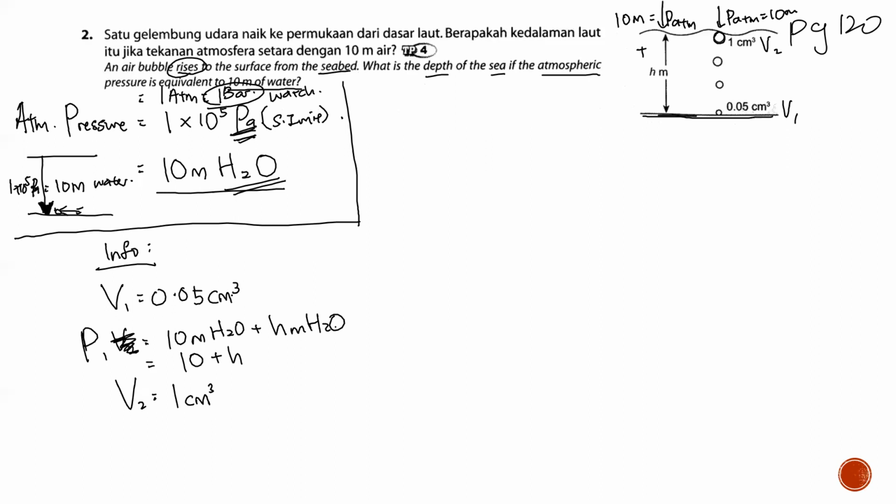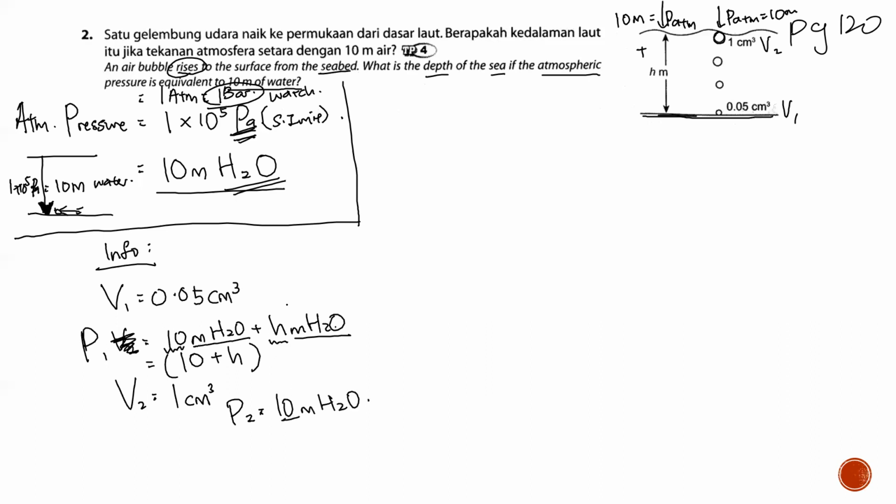I prefer you all don't write the unit, because the unit, the unknown and the number together seem confusing. So we don't write the unit here. We just write 10 plus h. So P2 would be 10 meters of water only.